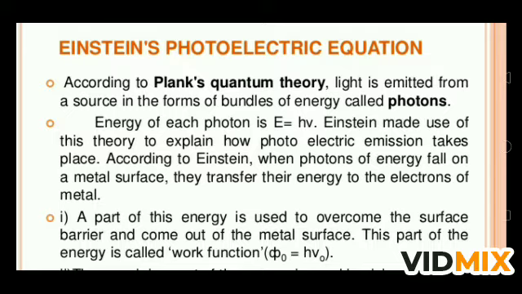According to Planck's quantum theory, light is emitted from a source in the form of bundles of energy, and they are called photons, and the energy of each photon is h nu, where nu is the frequency and h is Planck constant. So Einstein made use of this theory to explain how photoelectric emission takes place.